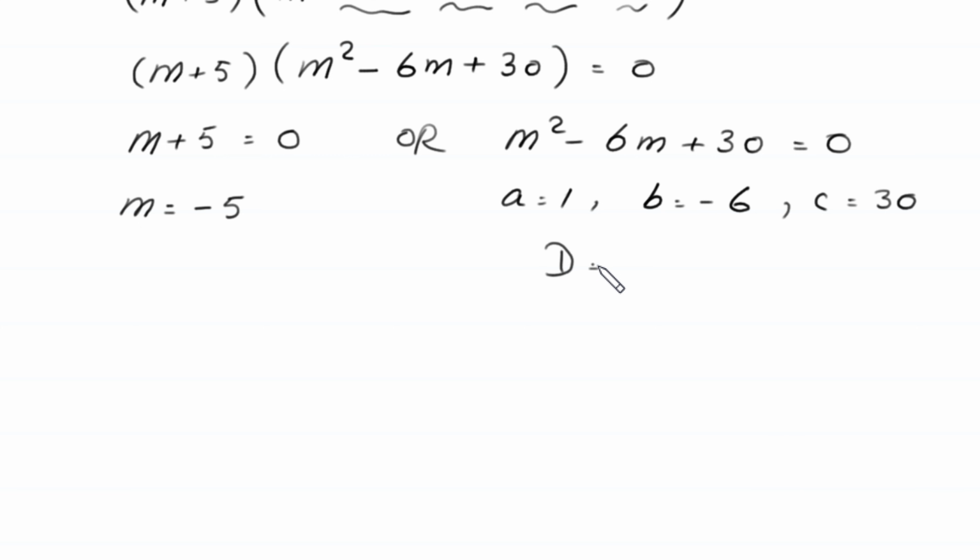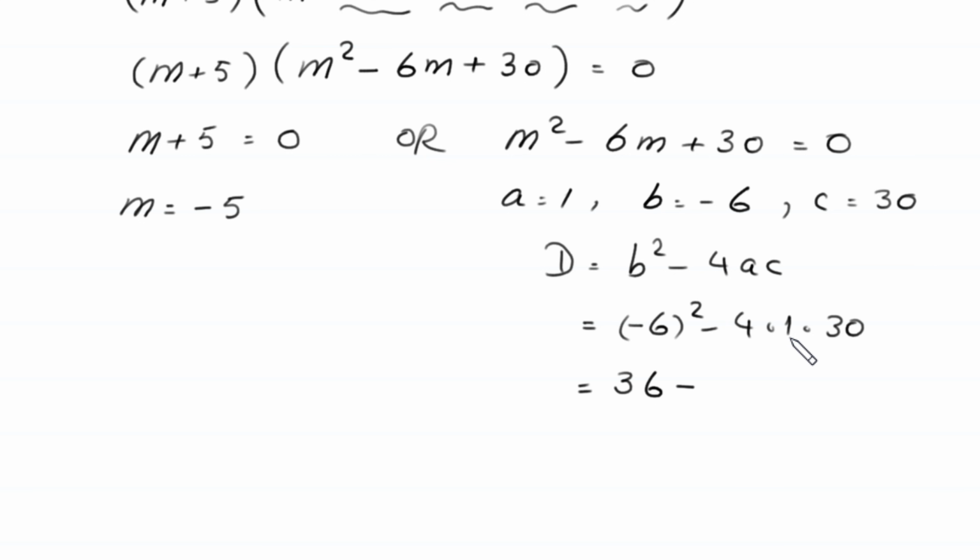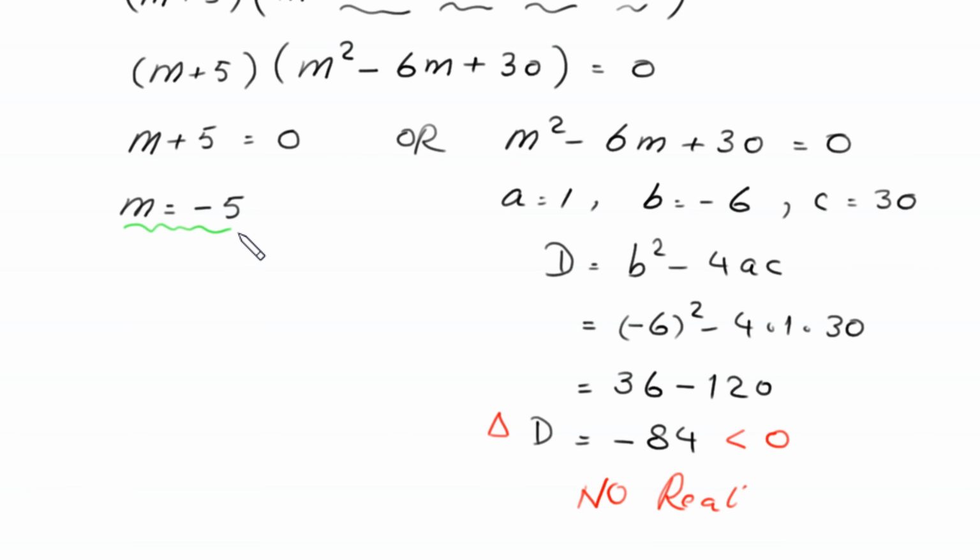The discriminant d is equal to b squared minus 4ac, which is equal to negative 6 squared minus 4 times 1 times 30, which is 36 minus 120, which will become negative 84. So the discriminant, also called delta, is less than 0. So no real solutions can be found from this equation. So we accept only this value of m, negative 5.